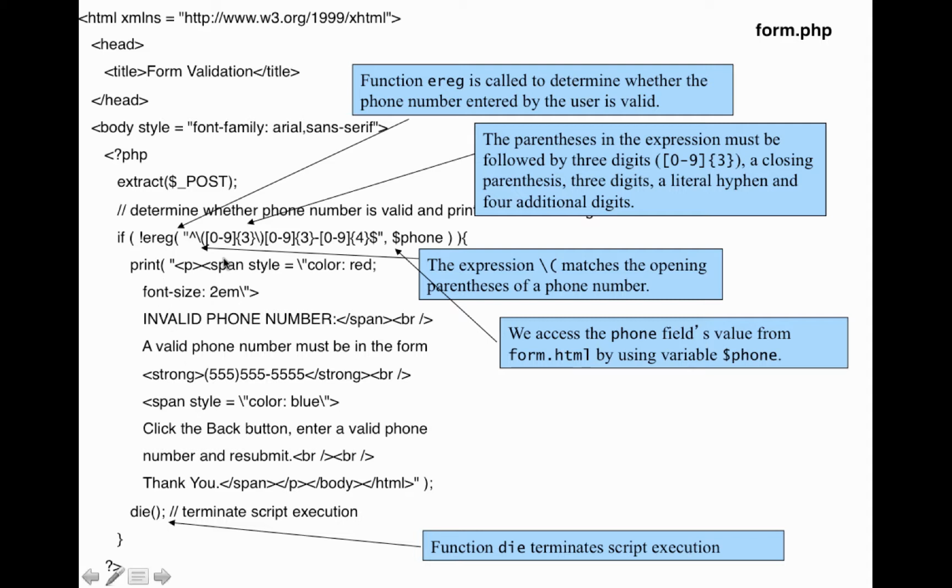Now going back again to the regular expression. The way you would read it is this caret symbol is the beginning, and this $ symbol is the end of the regular expression. Within that, within parentheses, we expect 3 digits that could range from 0 to 9.